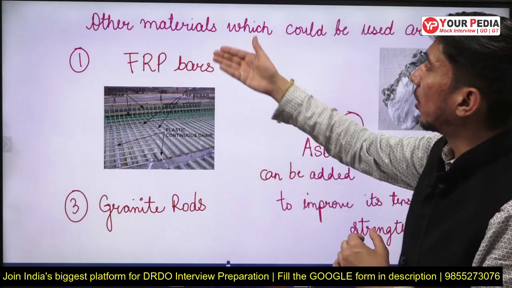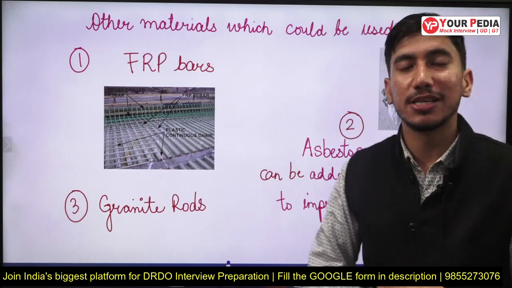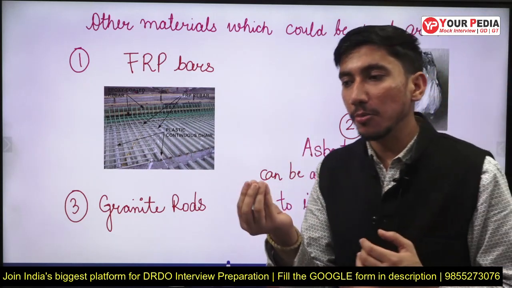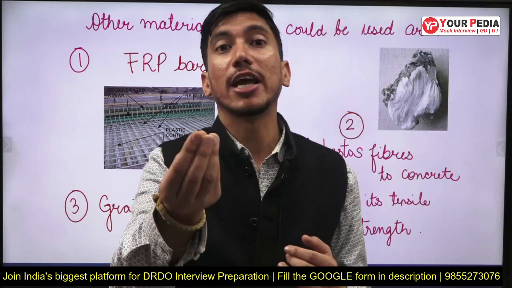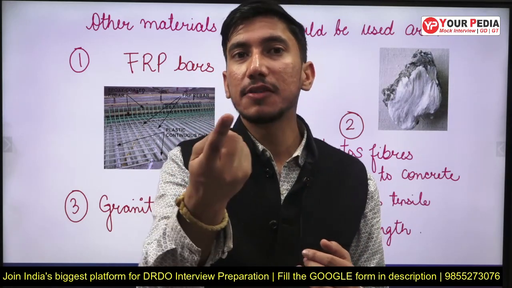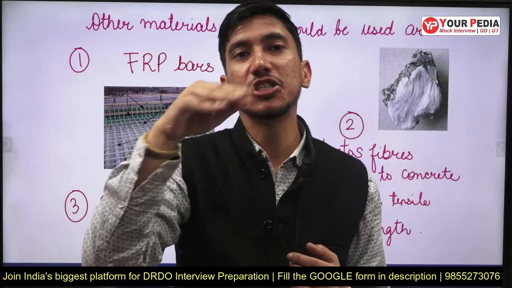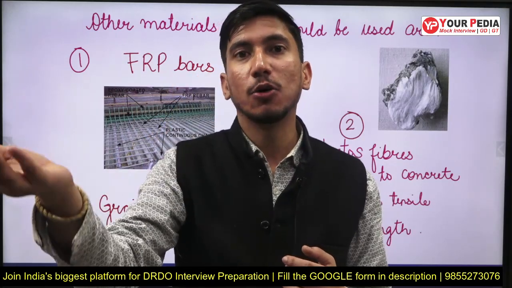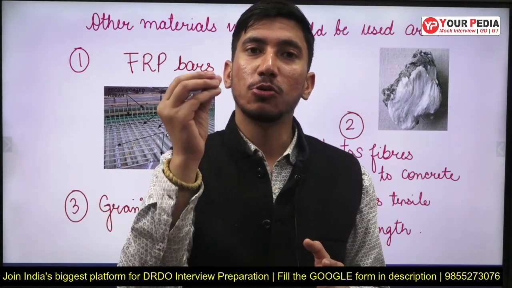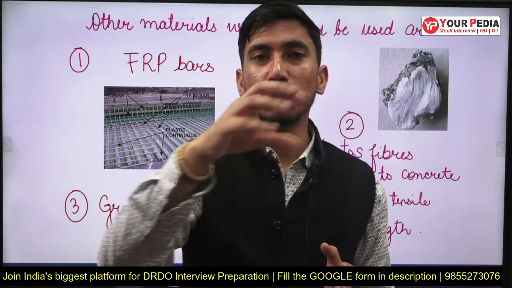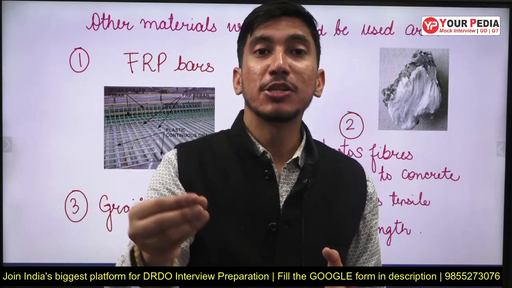So next question is, what are the other materials which will be used as reinforcement? So the most commonly used thing that you must have seen is asbestos fibers. You must have seen those old asbestos roof sheets that are used in old railway buildings. So those grey color or white color roof sheets are made up of asbestos cement.